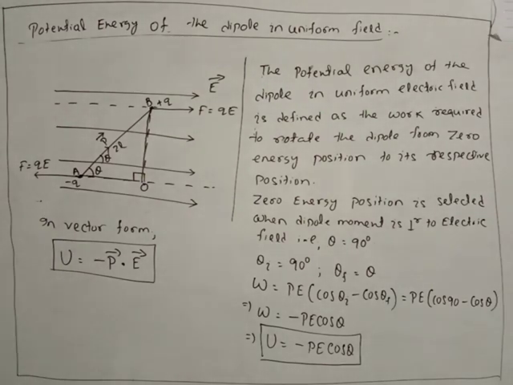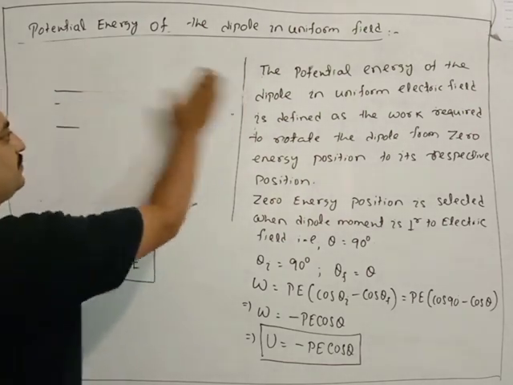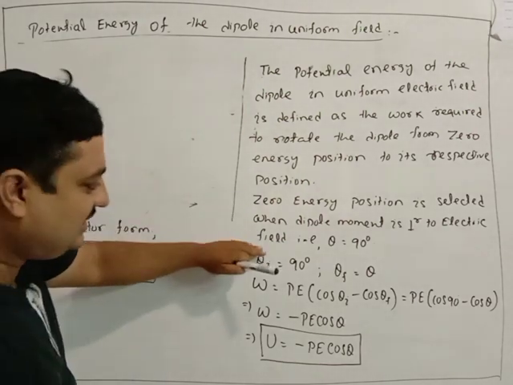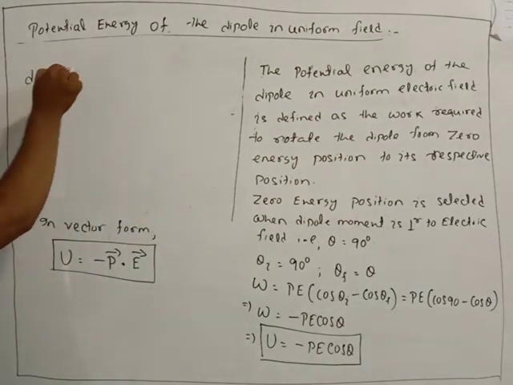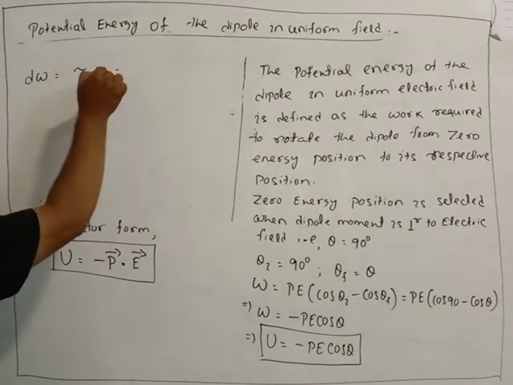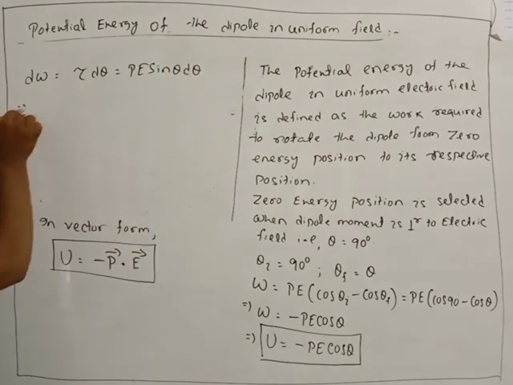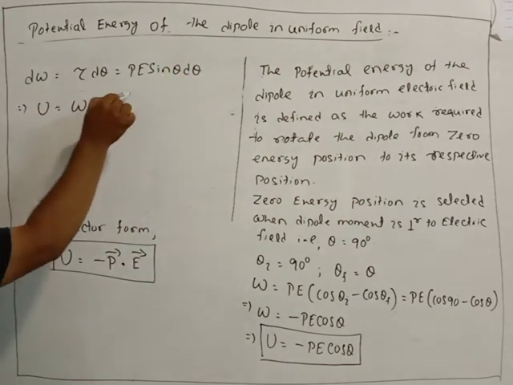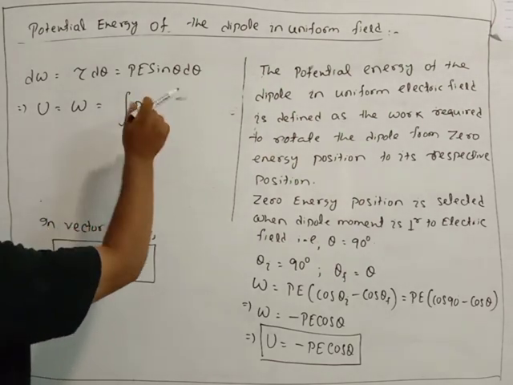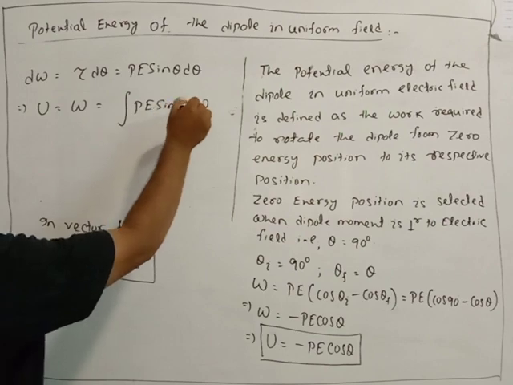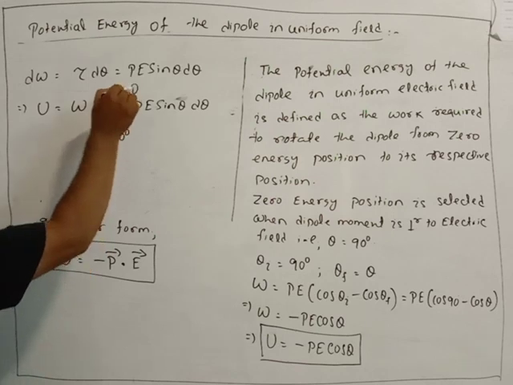Now alternatively, you can derive it from the formula. So instead of writing this, you can write like this also. dW equals tau d theta, which is equal to P sin theta d theta. So the potential energy equals the work done, that is, the integration of P sin theta d theta. Now the limits will be from 90 degrees to theta. Just put that.